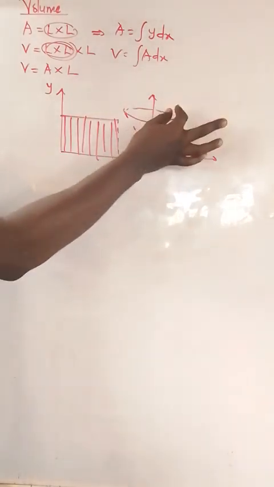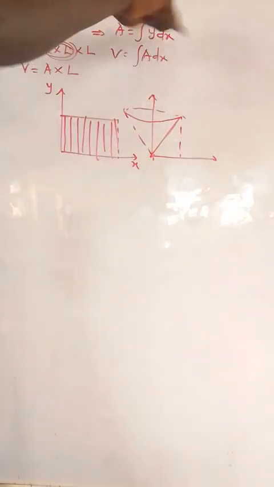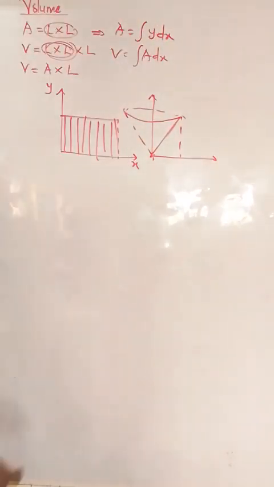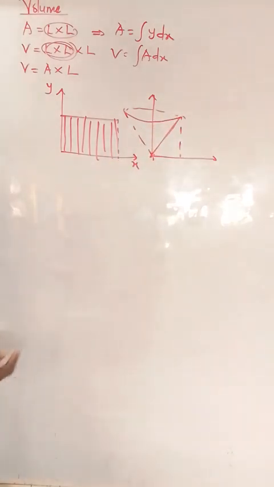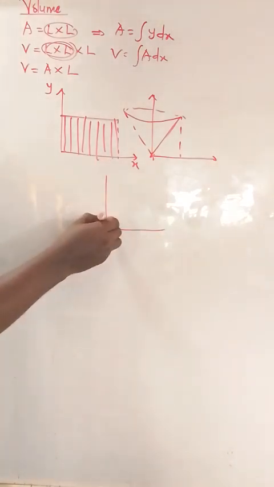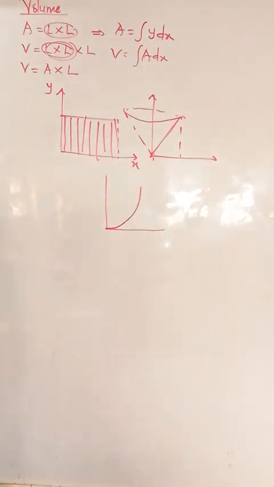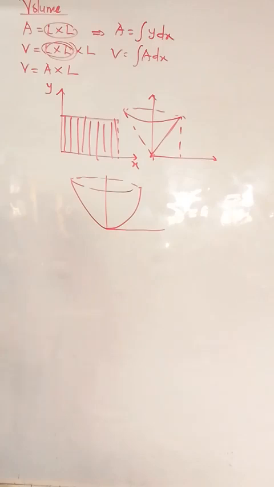So if you have this straight line and it's rotated about the y-axis being fixed, we get a cone. And this length will be the slant length of the cone. Okay, another one. What if you have something like this and we rotate? We rotate this one, we are going to get a hemisphere.